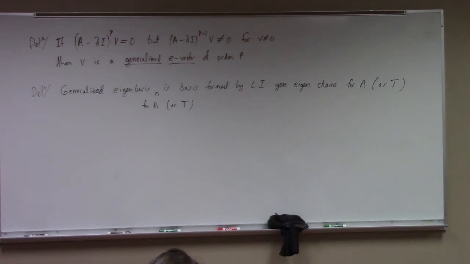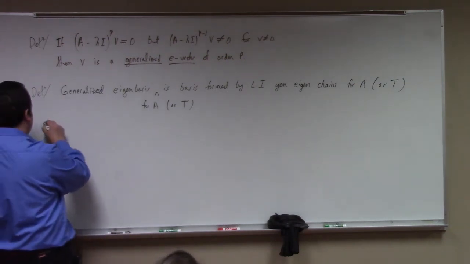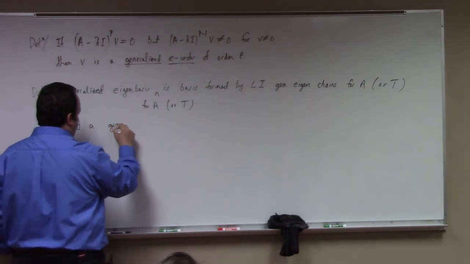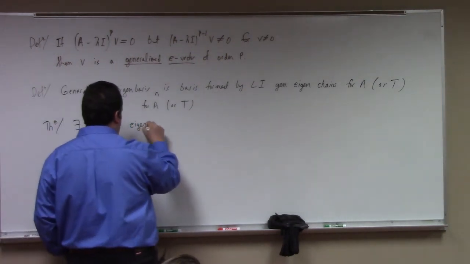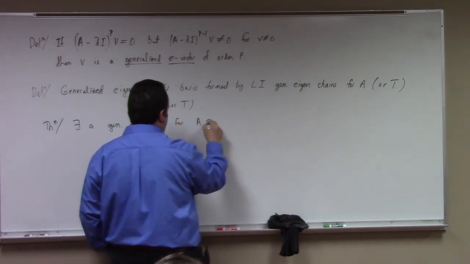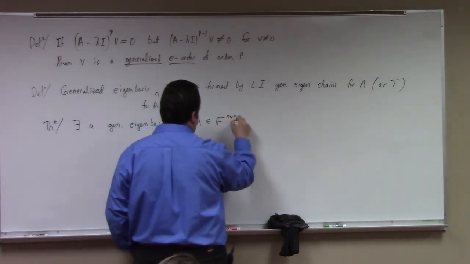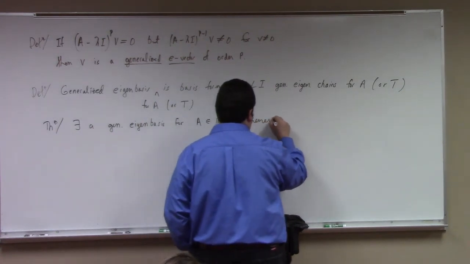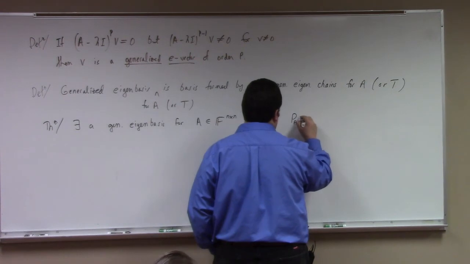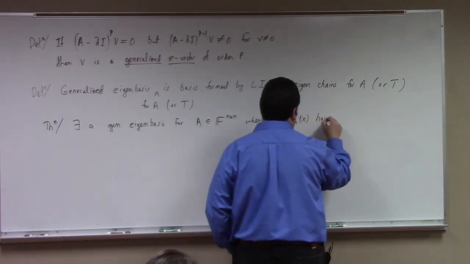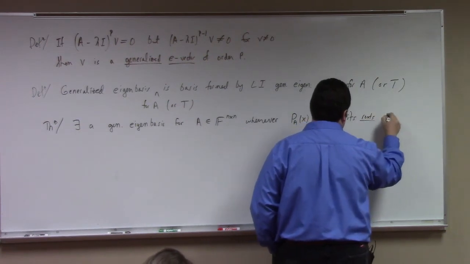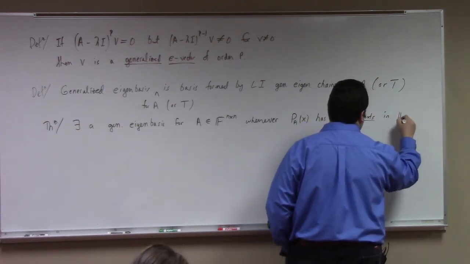Now here's the theorem I won't prove. Theorem: there exists a generalized eigenbasis for A in F^(n by n) whenever the characteristic polynomial of x has all its roots in the field.